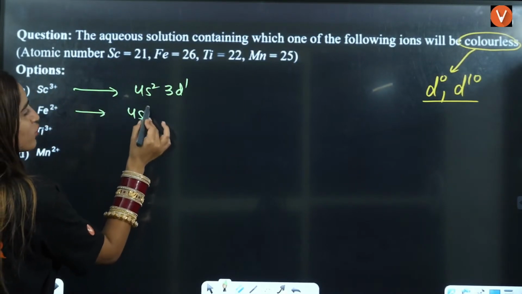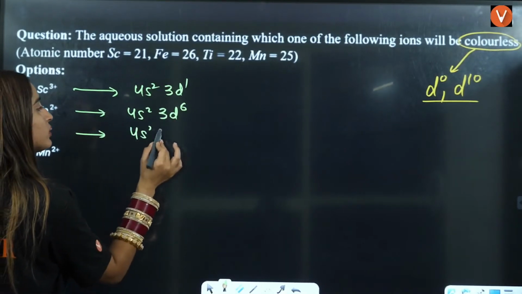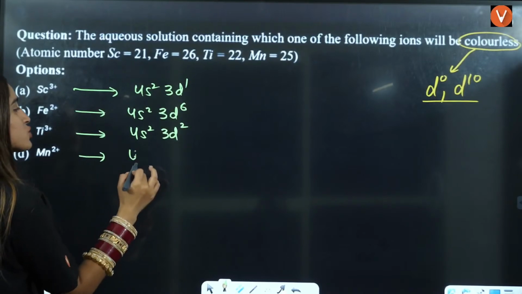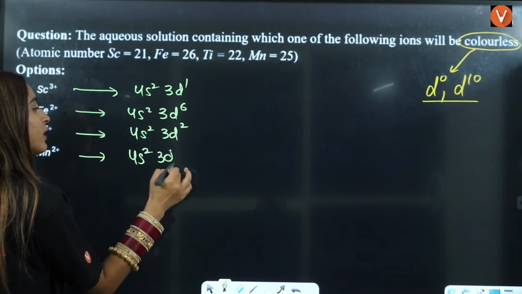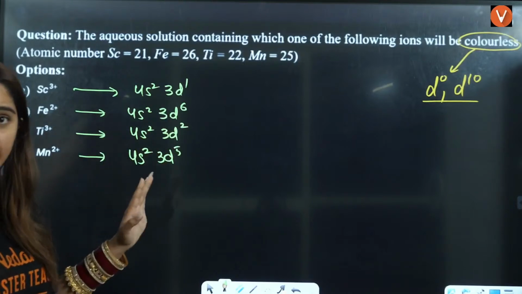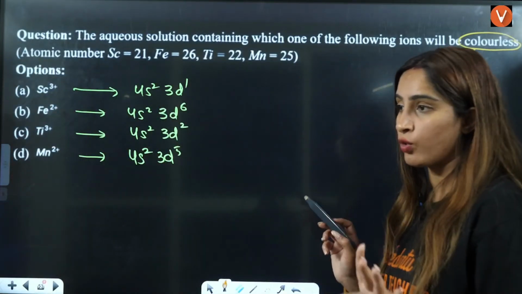Iron is 26, 4s2 3d6. Titanium is 22, so 3d2. Manganese is 25. 21, 26, 22, 25. That is how I write the electronic configuration except for copper and chromium.